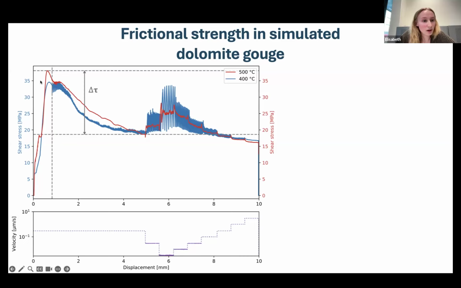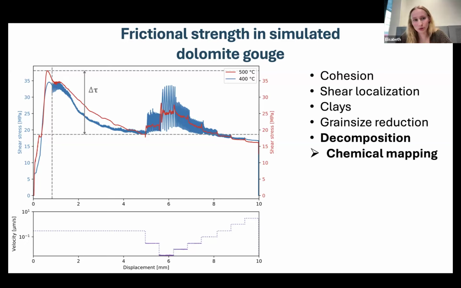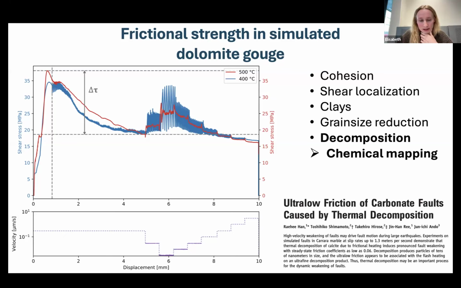And also the massive drop in shear stress during the initial sliding. We don't really have an answer to that, and we have a few hypotheses that we want to test. I also wrote them down, but now I'm thinking maybe it's a good way to start our discussion. So if you have some ideas, maybe we can come back to this slide.